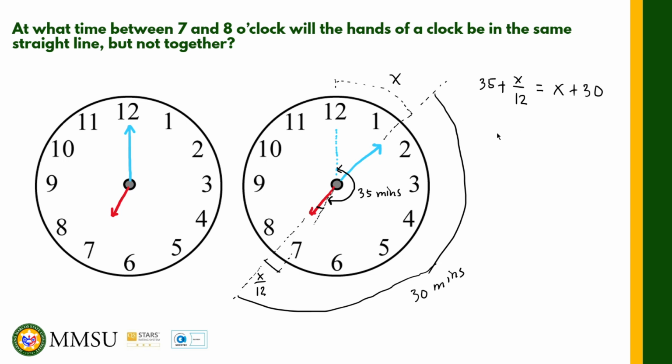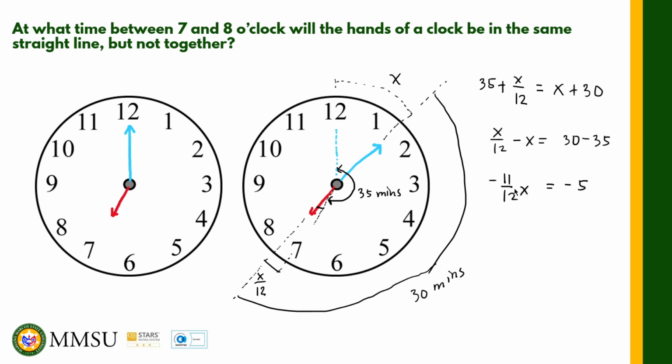Okay, so this is x over 12 plus, that is minus x is equal to 30 minus 35. Okay? So, x over 12 minus x, this is negative 11 over 12x, and this is negative 5.